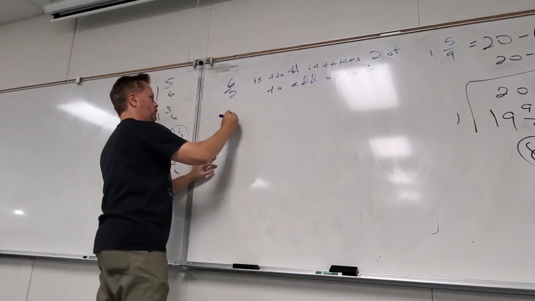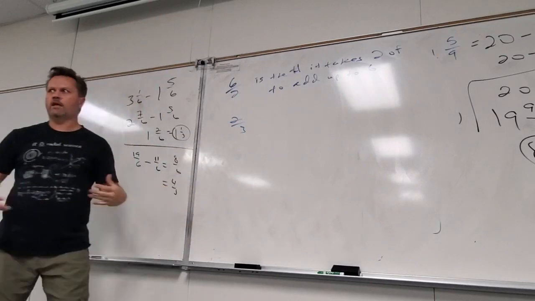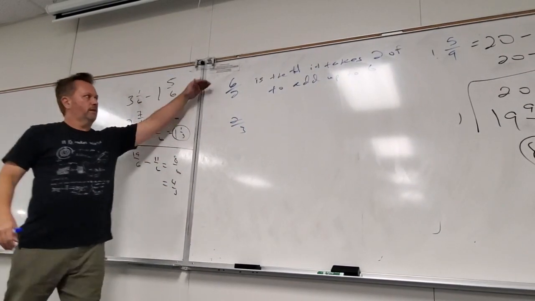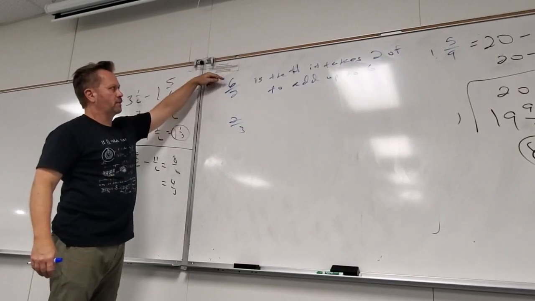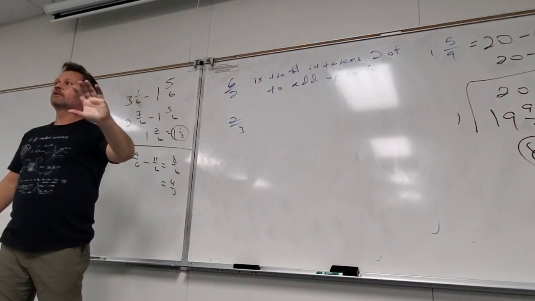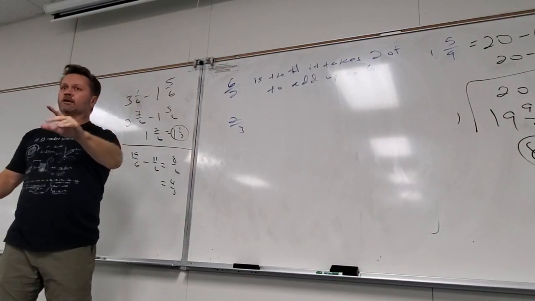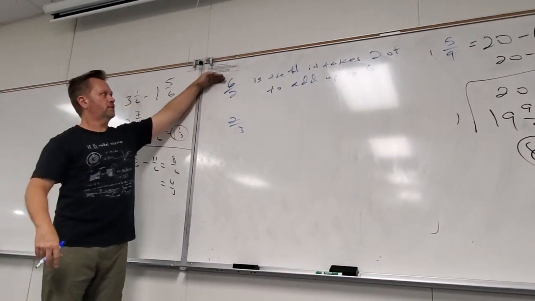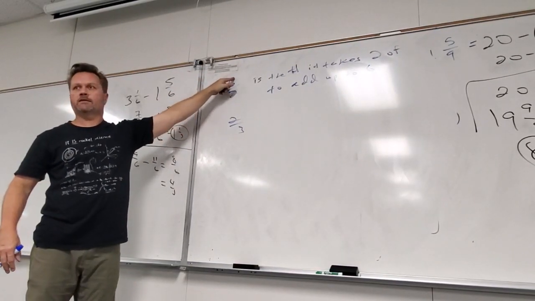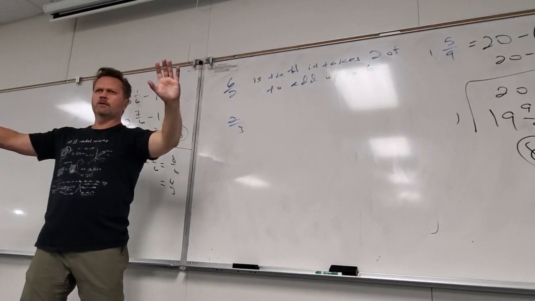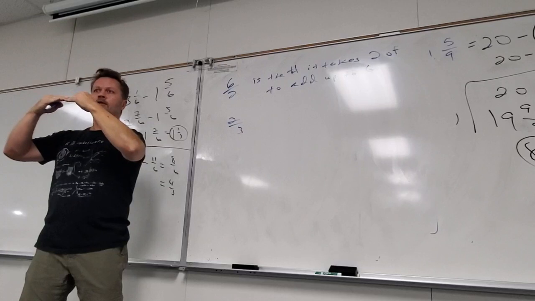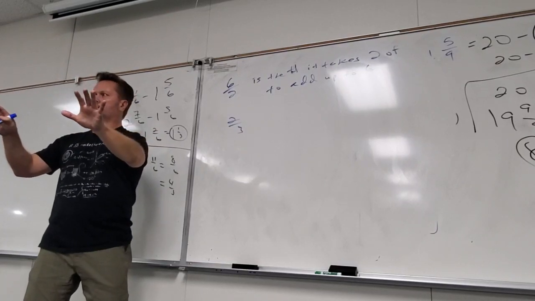So what is 2 divided by 3 then, using the same logic? 6 divided by 2 is the number it takes 2 of to add to be 6. Do you guys all agree with that statement? Not your first level way of looking at division, but that's definitely true, right?